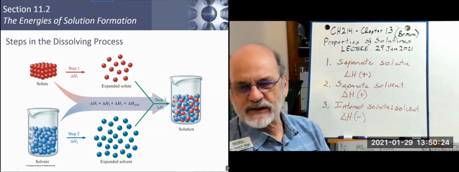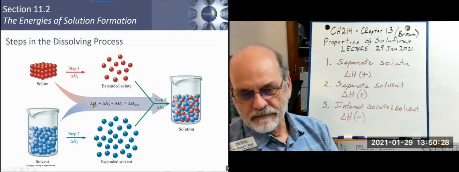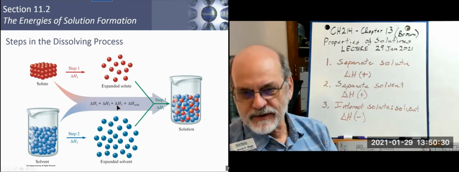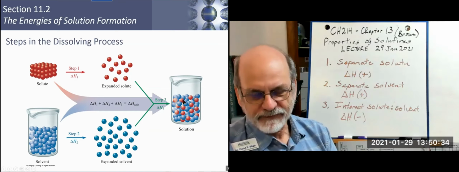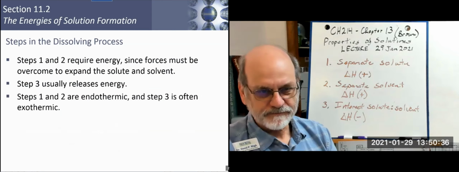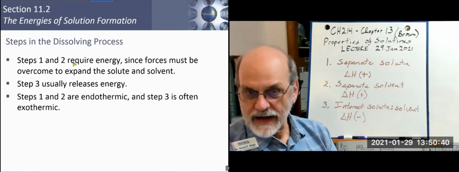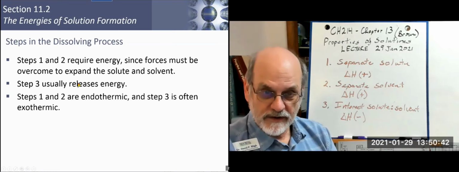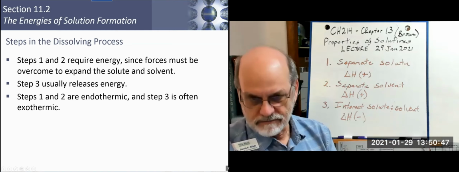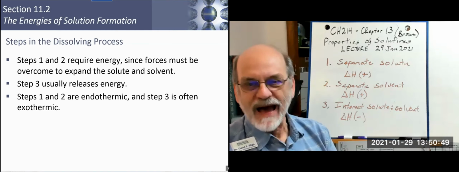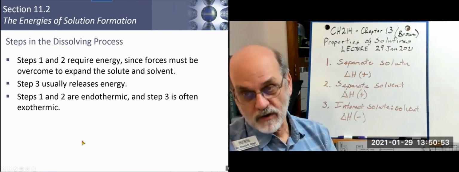Okay, so this is an explanation with visual effects. There's the first step, the second step, the third step. When you add them all together, you finally get a solution. The first two are endothermic. The third one is exothermic. It just may not be very highly exothermic, but it's a little bit. And the balance of those determines whether you have endothermic or exothermic.